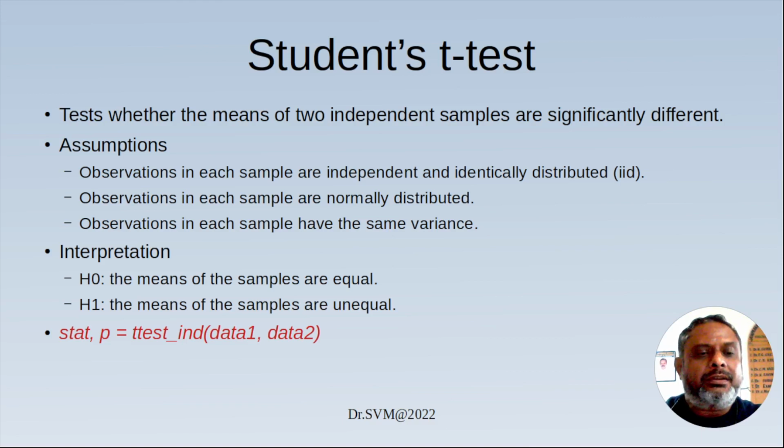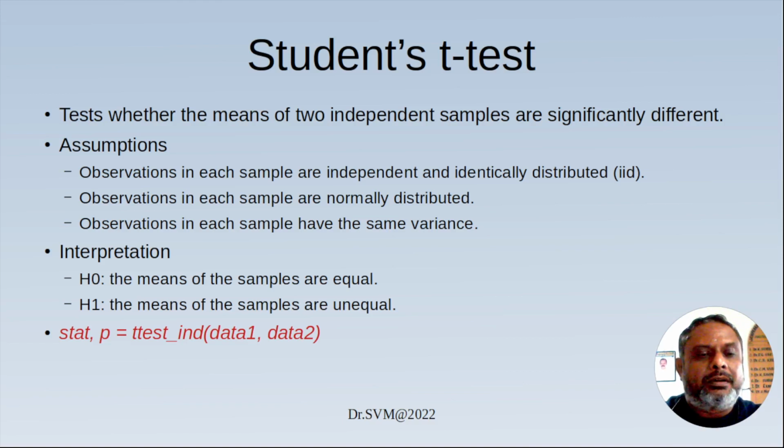The interpretation: the null hypothesis says that the means of the two samples are equal, and the alternative hypothesis says that they are not equal. That means the null hypothesis says mu1 equal to mu2, whereas the alternative hypothesis says mu1 not equal to mu2.